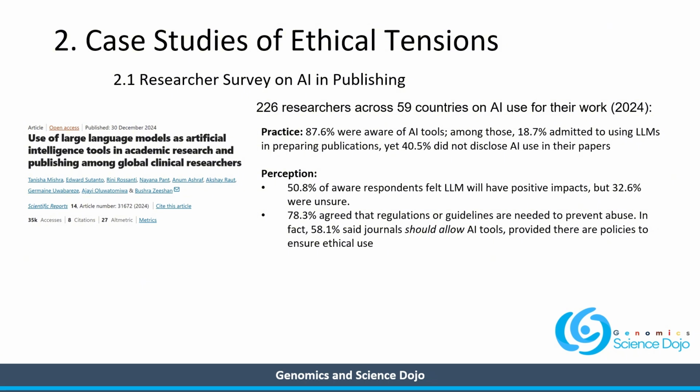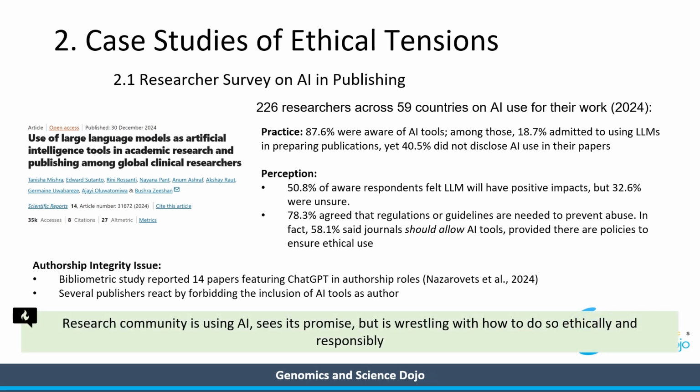Almost 80% agreed that regulation and guidelines are needed to prevent abuse of AI. In fact, a majority, 58.1%, mentioned that journals should allow AI tools provided there are policies to ensure ethical use.